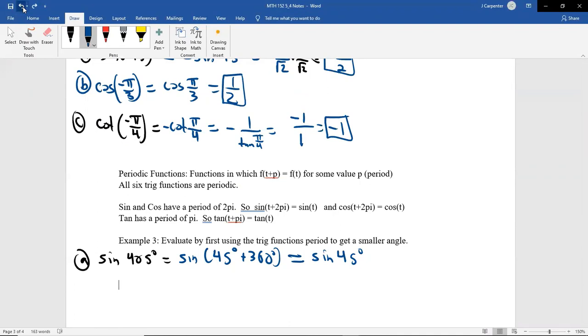This is in quadrant 1, so we don't need to do any smart trig class or even or oddness or anything like that. We can just say, that's the 1, 1, square root of 2 triangle. I usually don't draw these up to the side, but I will this time. If this is the 1, 1, square root of 2, that was 45 degrees. And the sine of that is 1 over square root of 2.